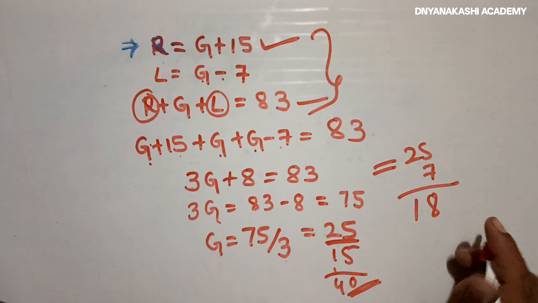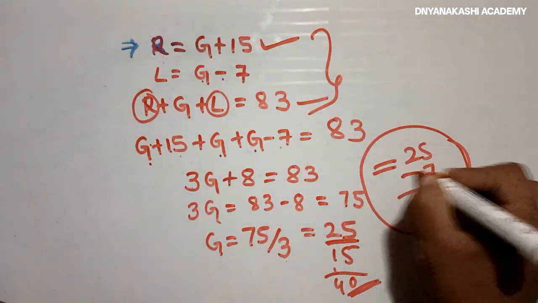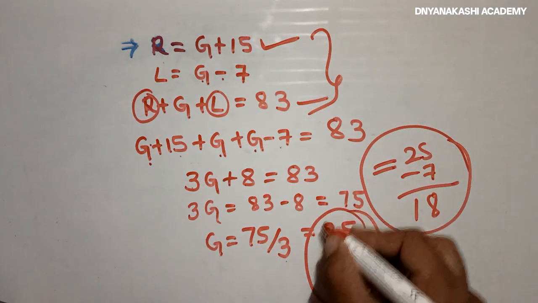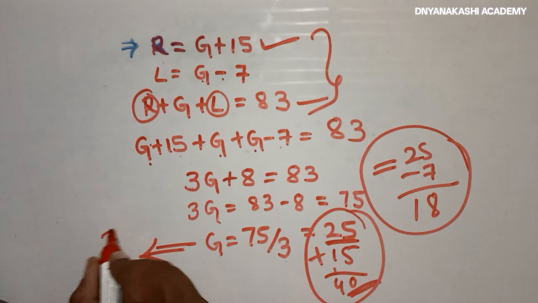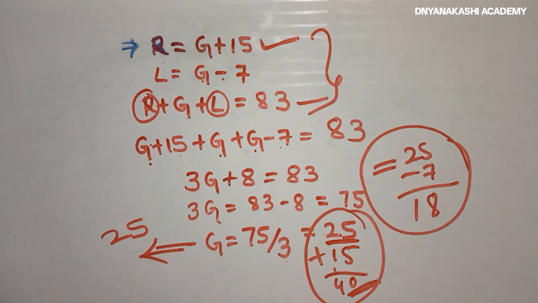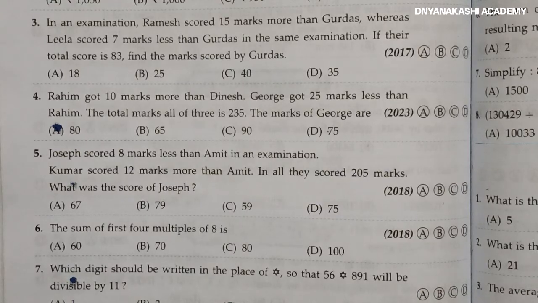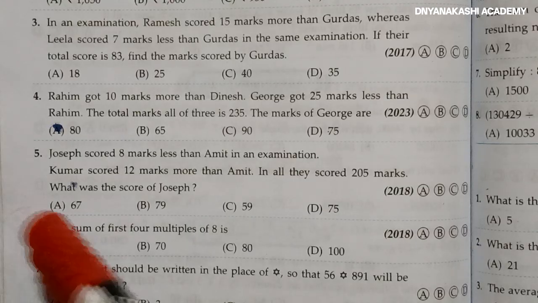Suppose you want Leela's score or Ramesh's score, you do like this. In the question, we have to find only Gurudas's score, which is 25. The correct answer is option B, 25.